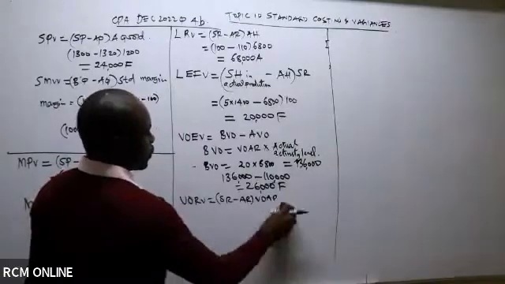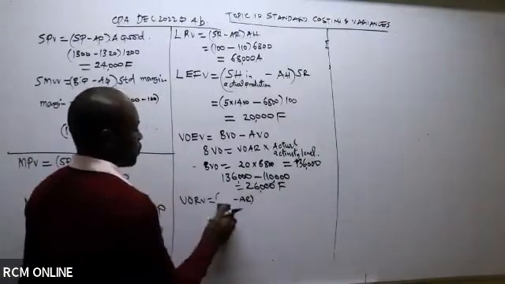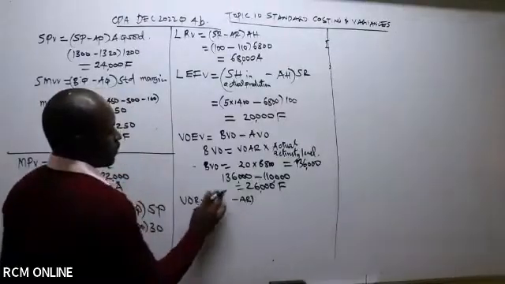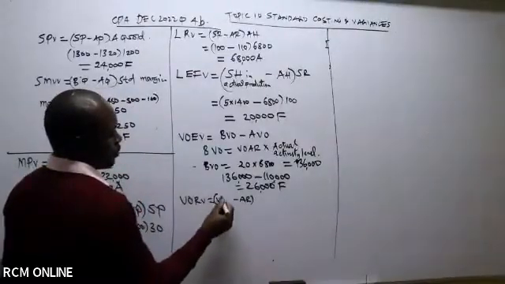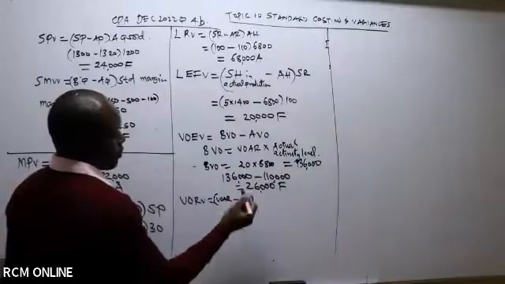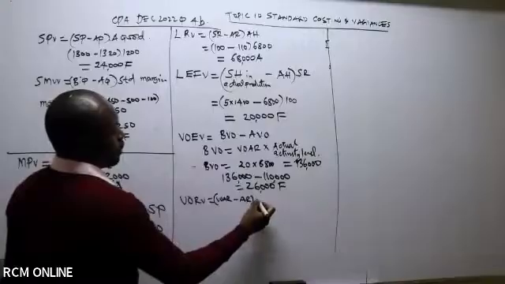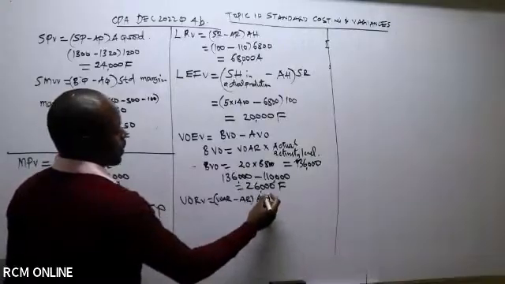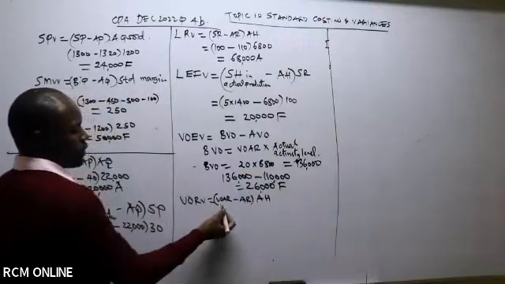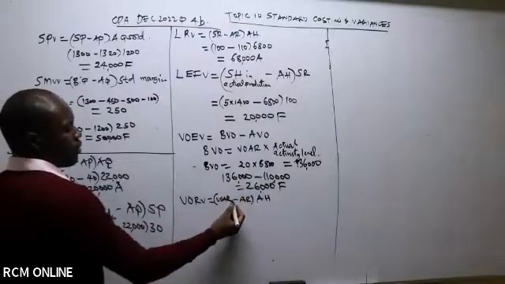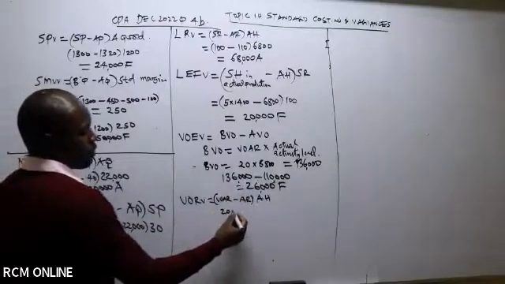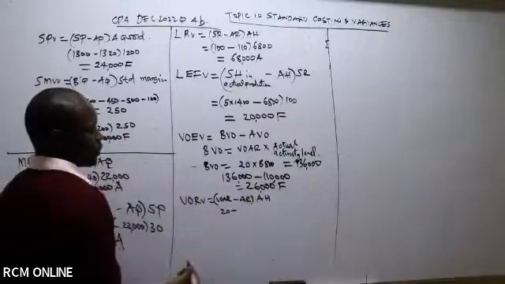I was replacing this with the variable overhead absorption rate, then multiplying by actual hours, because they are dependent on labor hours. So let's see if this one will give us the same thing. Variable overhead absorption rate 20 minus actual rate. So do we have actual rate?